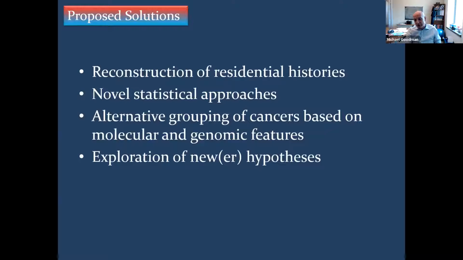And finally, the exploration of newer, I emphasize newer hypotheses, because some of those hypotheses have been around, again, for a long time, but they seem to be underrepresented. At least they seemed to be underrepresented last time we looked among the working hypotheses used by cancer cluster investigators.